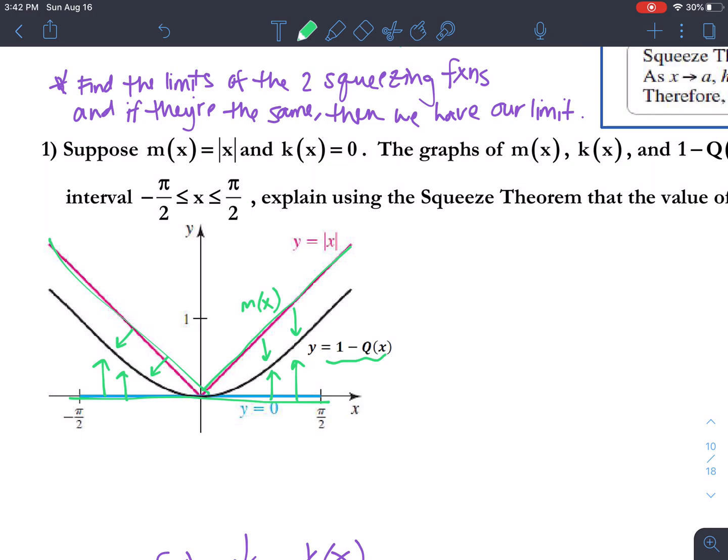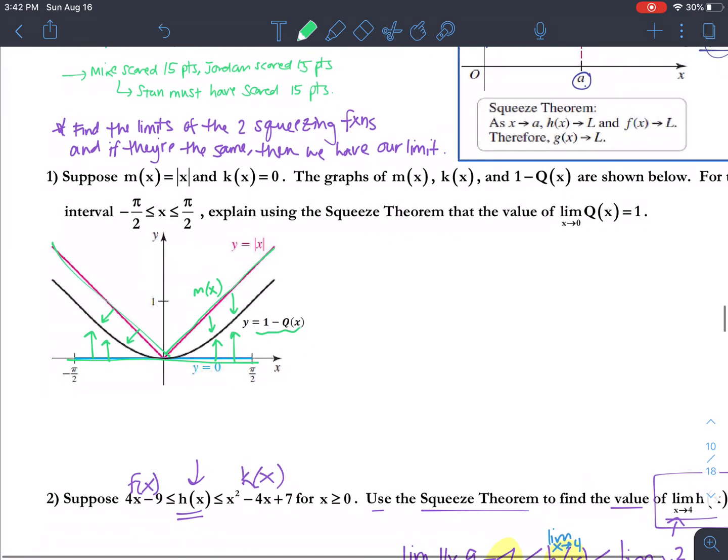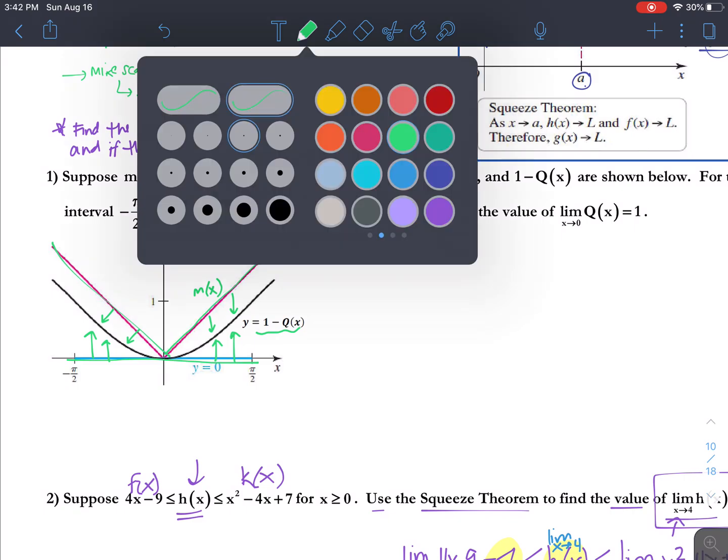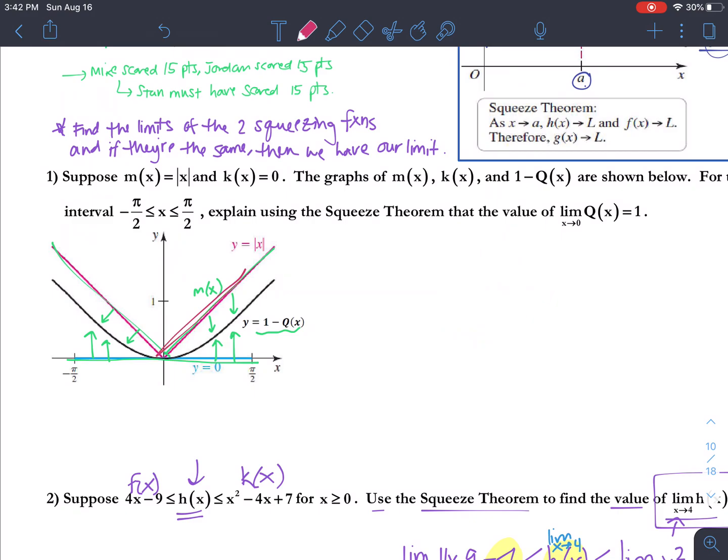As we approach 0, what's our limit? Well, we should already be able to tell that the limit for m of x as we approach 0 from either side is 0, and the limit of 0 as we approach 0 is 0.